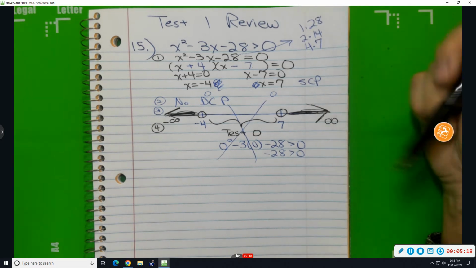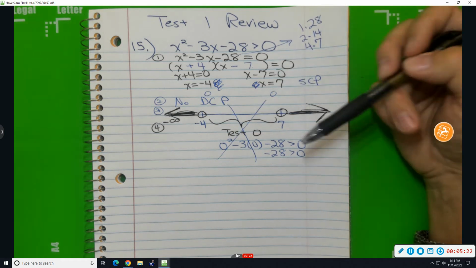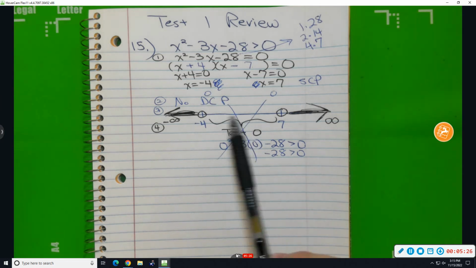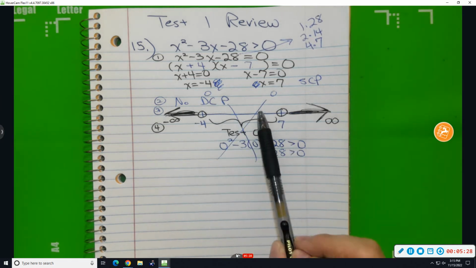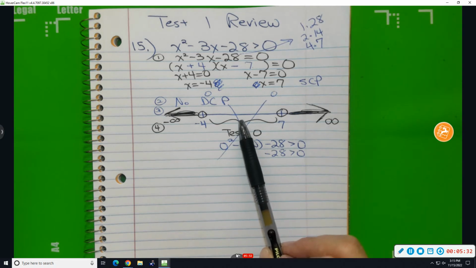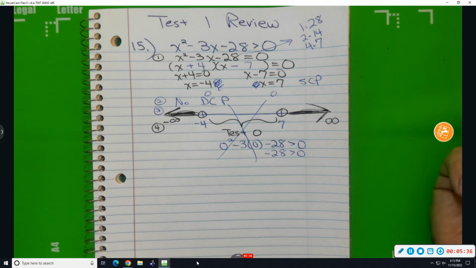There were no perfect square factors, so I was confident that the intervals would alternate. By alternate, I mean you don't have 2 consecutive true or 2 consecutive false. When I knew the middle interval was false, that meant the intervals beside it both had to be true.